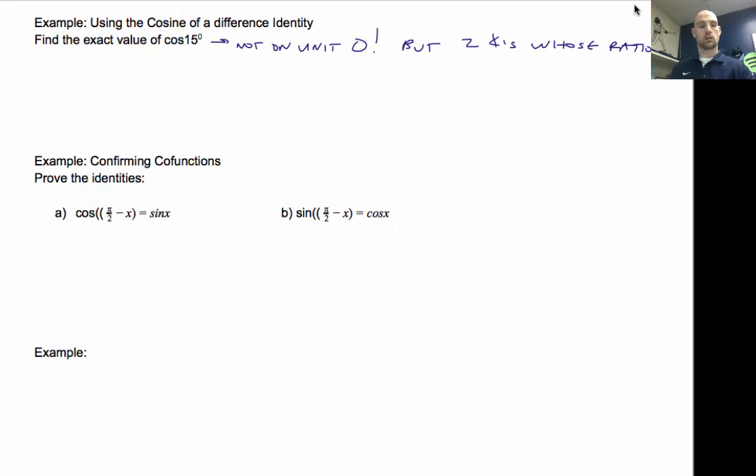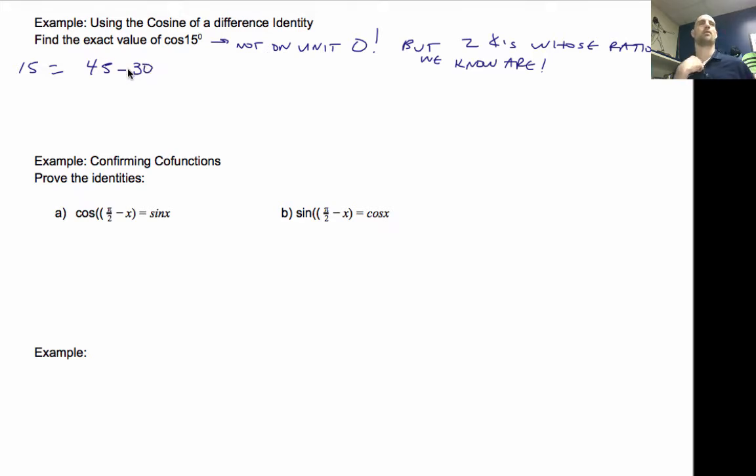We may not have the ability to talk about 15, but we can rewrite 15 as 45 minus 30.